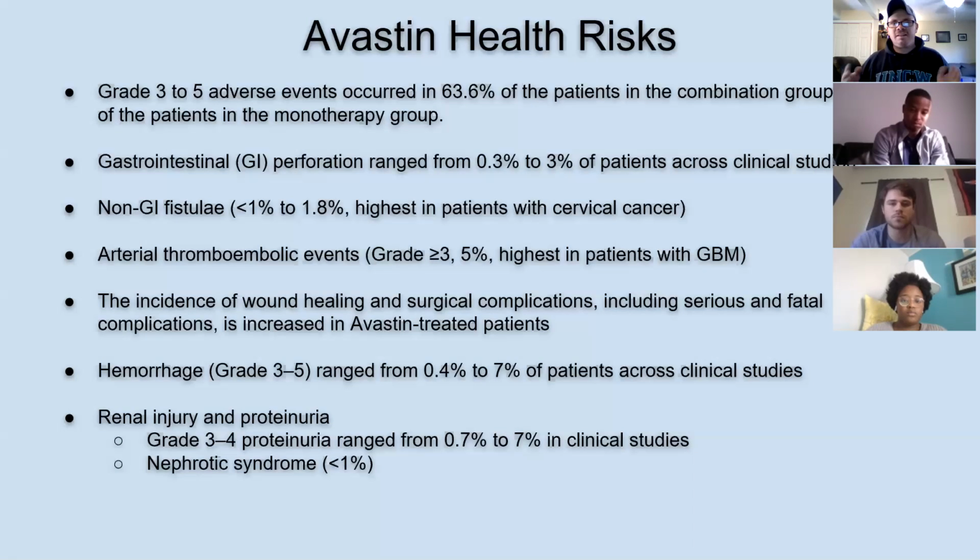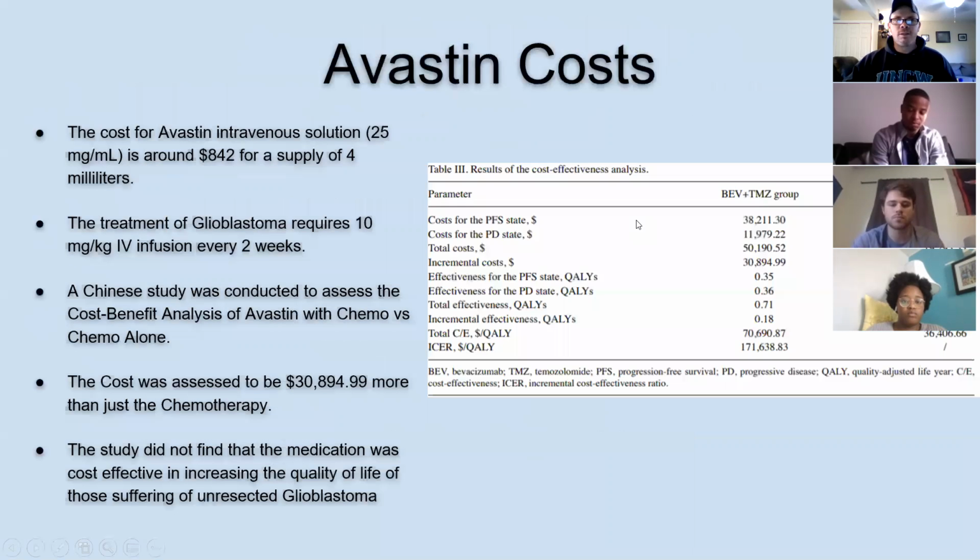So again, it's a lot to ask of a patient to take on when there's not a whole lot of overall survival change, right? And then we have to think about costs. How much does Avastin actually cost?